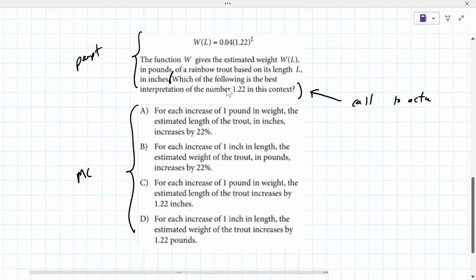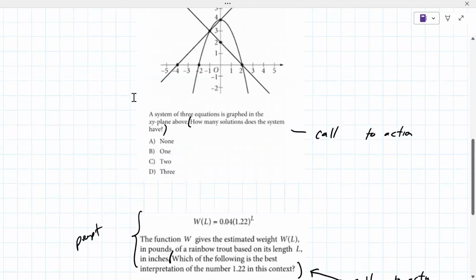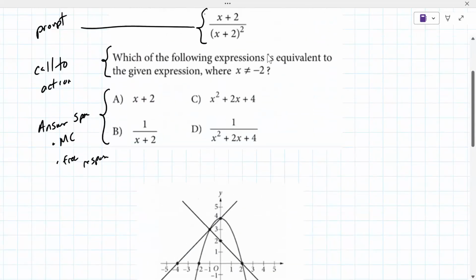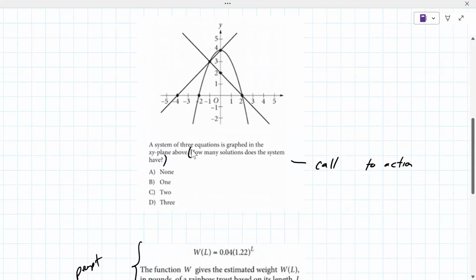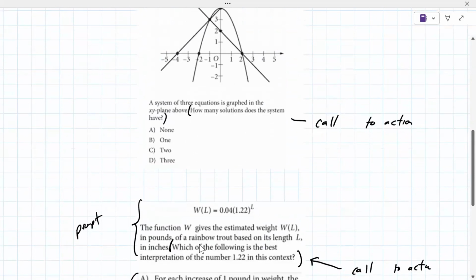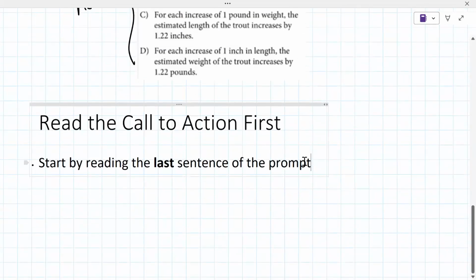Which of the following is the best interpretation of the number 1.22? How many solutions does this system have? Which of the following expressions is equivalent to the given expression? So sometimes it's easy because it's the only sentence. Sometimes you have to go and look for it, but it is typically the last sentence. And the reason you do this is, like I said, sometimes there's just extra information that you don't need.